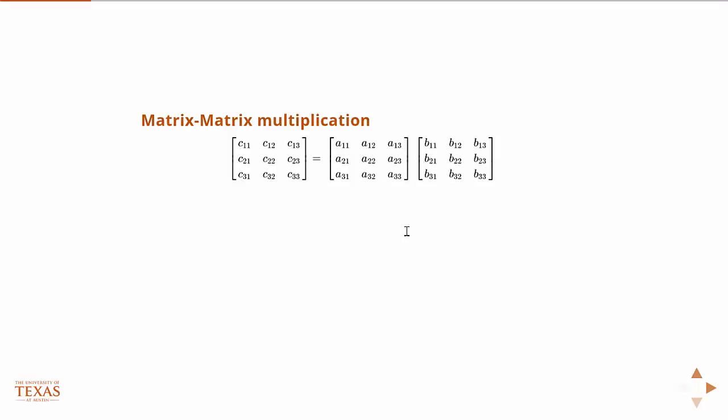So matrix multiplication is a little bit more complicated. Who knows how to do this?